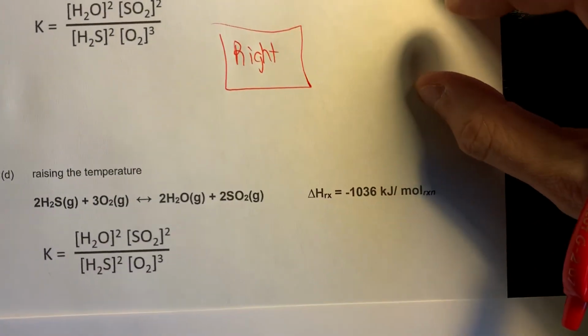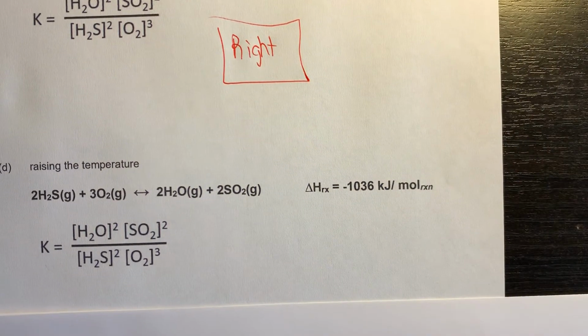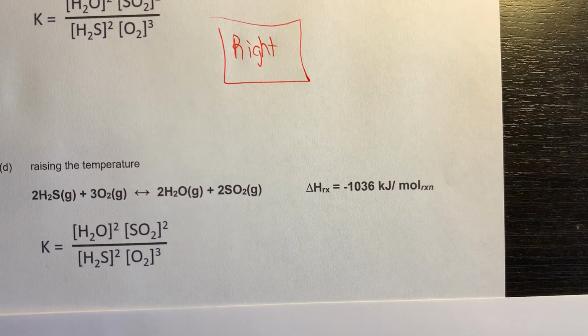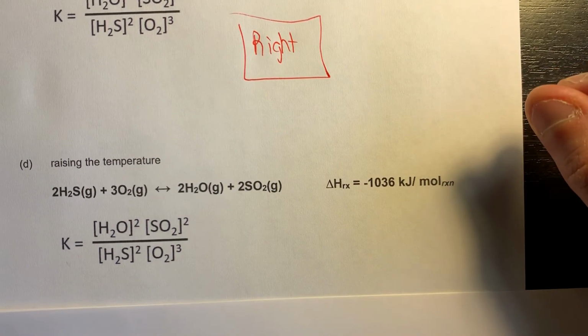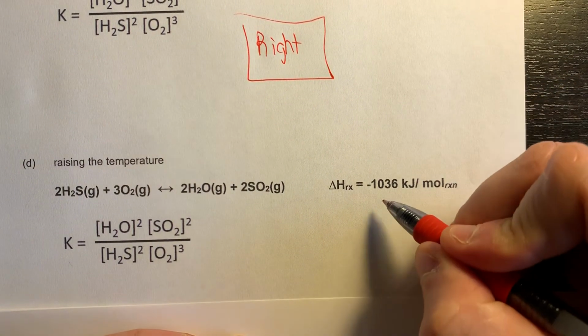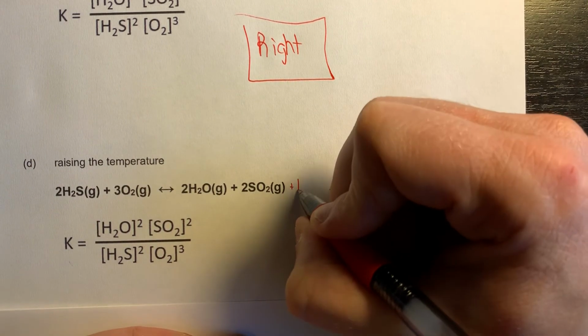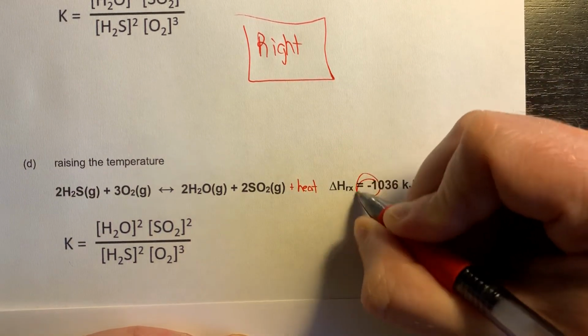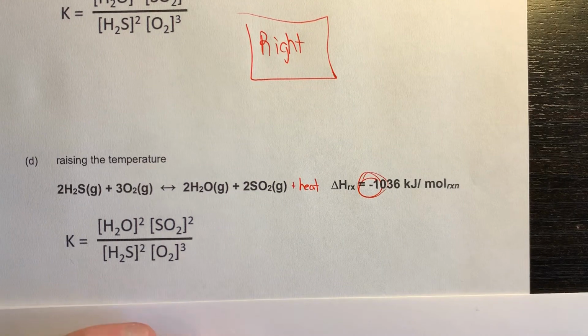In part D, if we raise the temperature, the system will respond in a way to do the exact opposite. It will find a way to essentially decrease the temperature. So again, going back to what we said earlier, we know that this is an exothermic reaction because of the negative sign for delta H here, for our change in enthalpy. Therefore, we consider heat as a product.